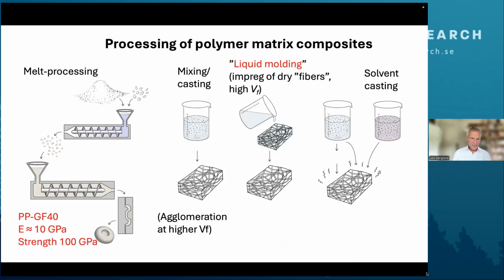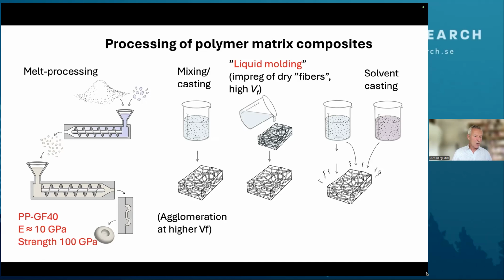I also wanted to show an overview of the processing approaches. By far, the most common processing of plant fiber composites is melt processing, and it's on the left-hand side there. But that is actually limited in many ways, but it's rational, it's dominating in the automotive industry, for instance.